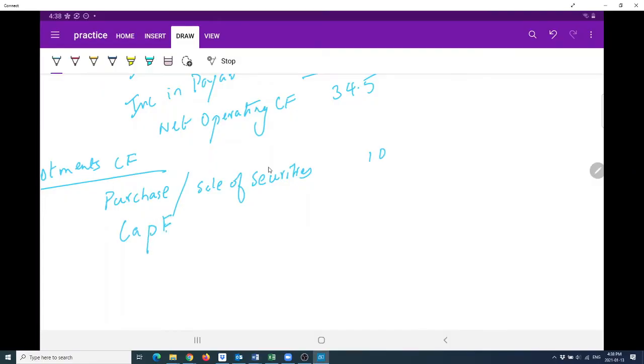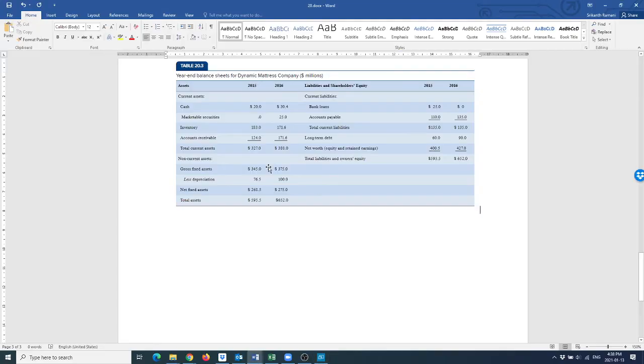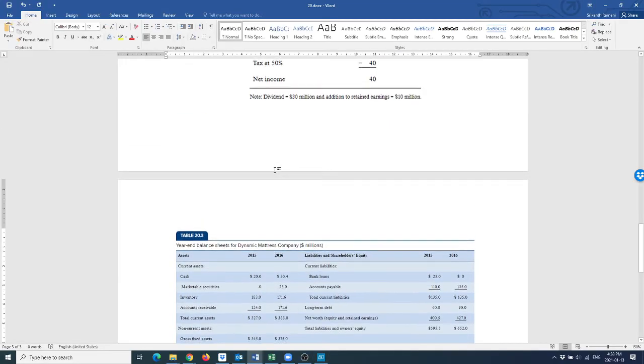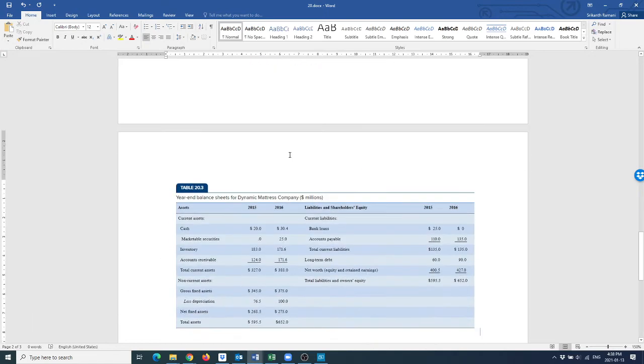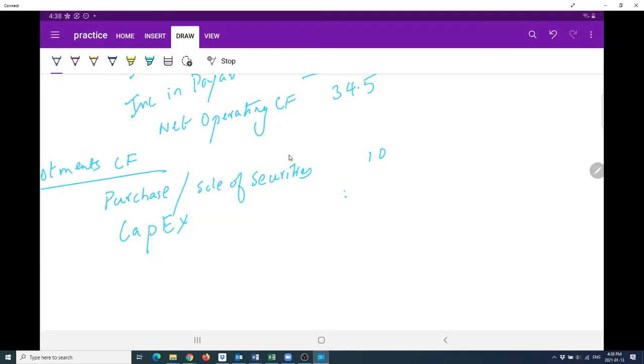The capital expenditure for this year is going to be 250 minus 345, and that in some sense is $95. And this is a cash outflow.